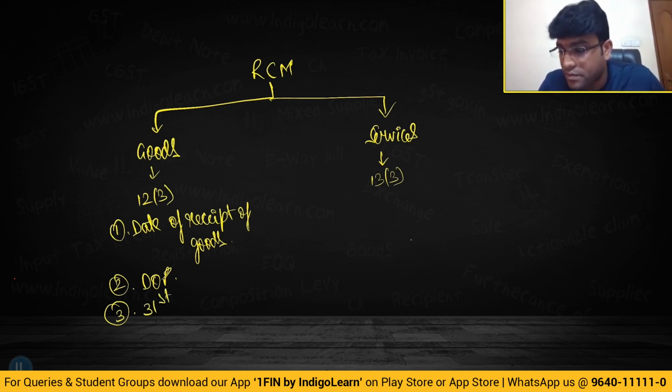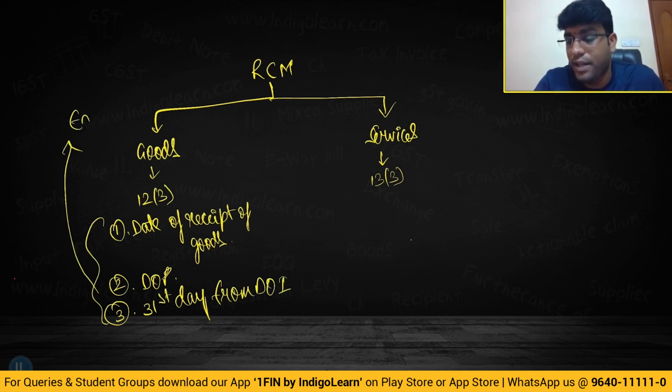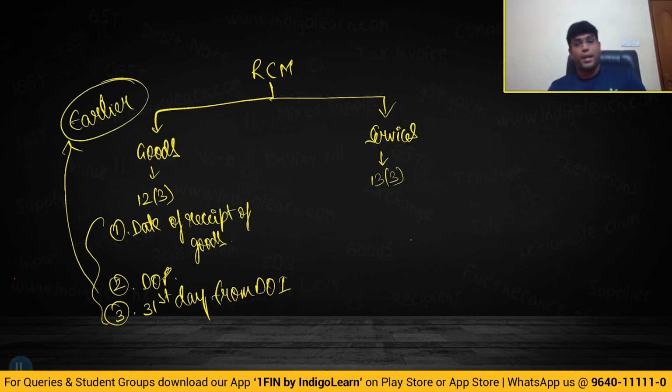Third one, 31st day from date of invoice. These three, whichever is earlier, that becomes time of supply. Last one is what, sir? 31st day from date of invoice. Sir, if invoice date is 9th April, don't calculate 9th. Leave 9th. Start calculating from 10th and see the 31st day.